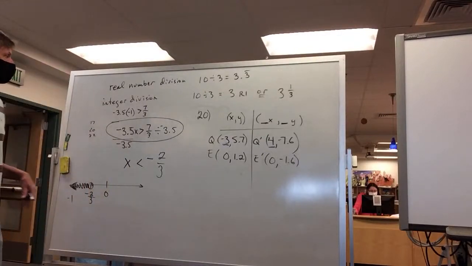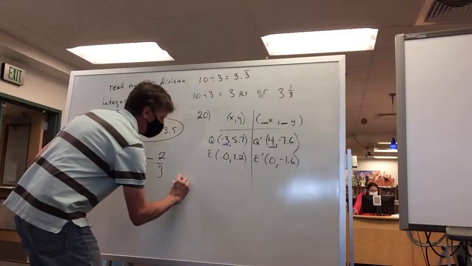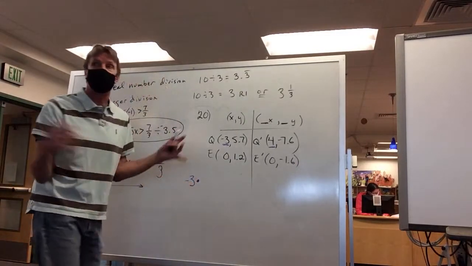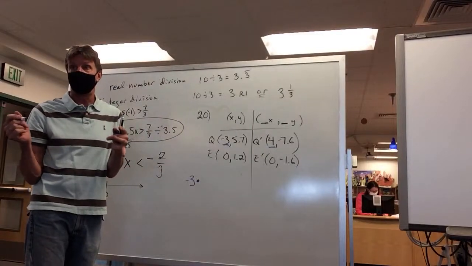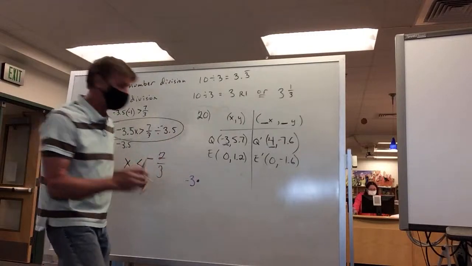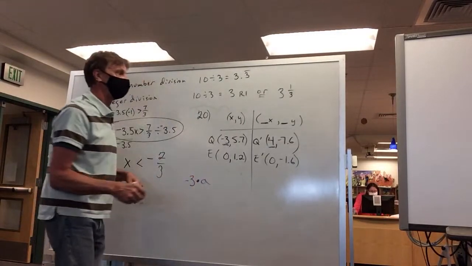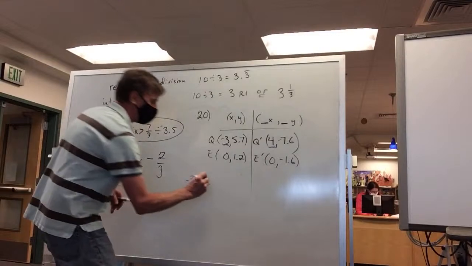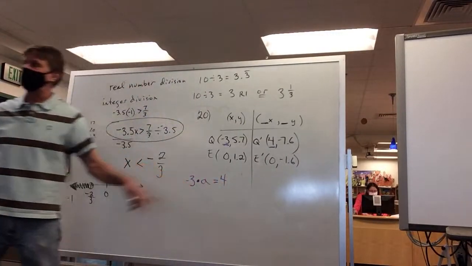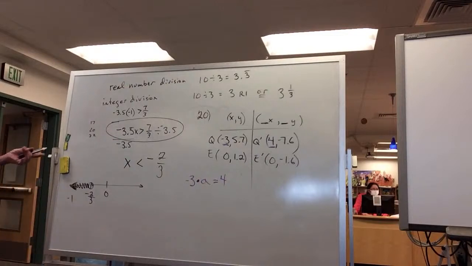So this -3 gets multiplied by a number that we don't know what it is. So let's call it, what, A? Yeah, I don't want to call it X, we get really confused. And that's going to equal 4. So we have to figure out the number that we multiply -3 by to turn it into a 4. What is it?